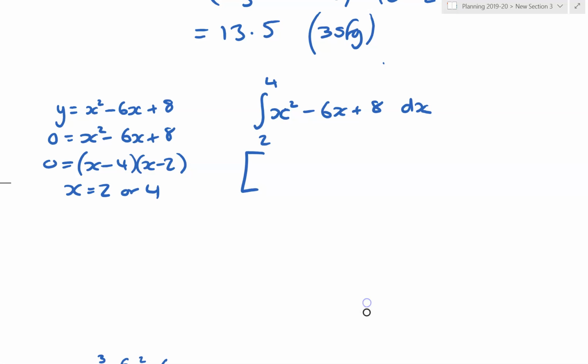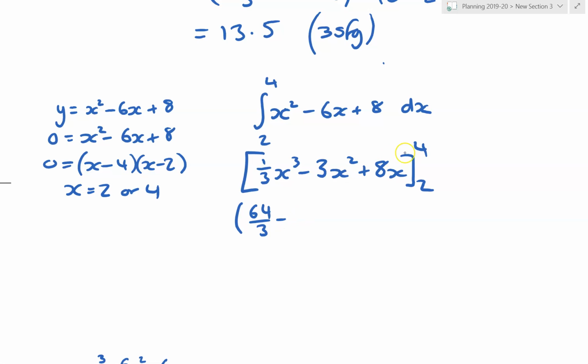So add 1 to the power becomes a 3, divide by it's a 3rd x cubed. Add 1 to the power is 2, divide by it is 3x squared. Add 1 to the power becomes 8x. Evaluated between 4 and 2. Now sub in the 4, so 4 cubed is 64, divided by 3 is 64/3. Negative, and 4 squared 16, that is 48, and 32.